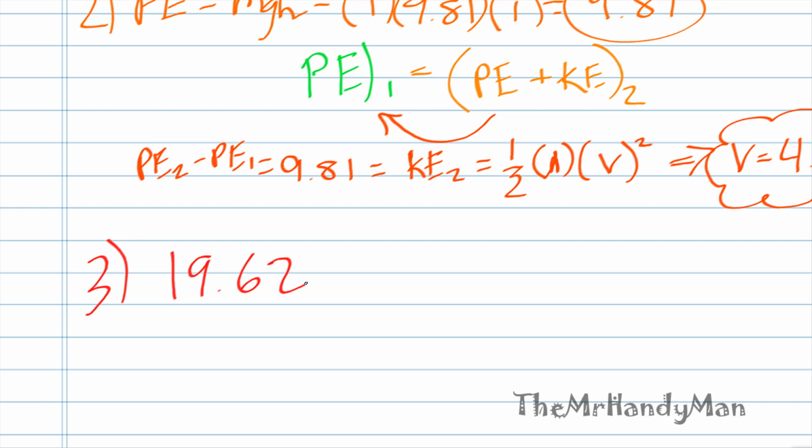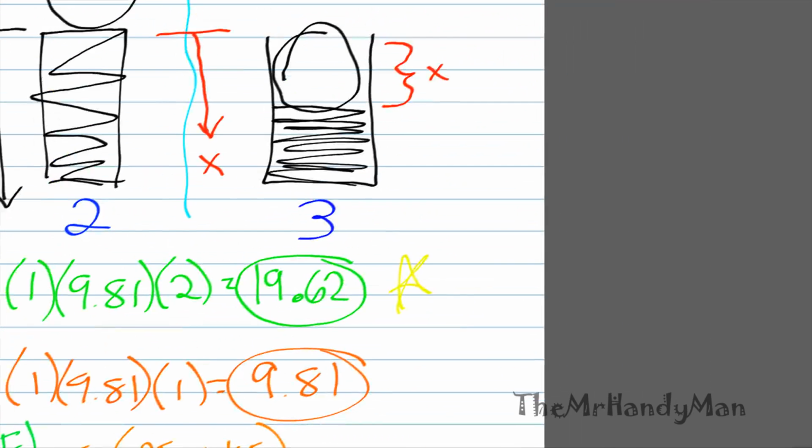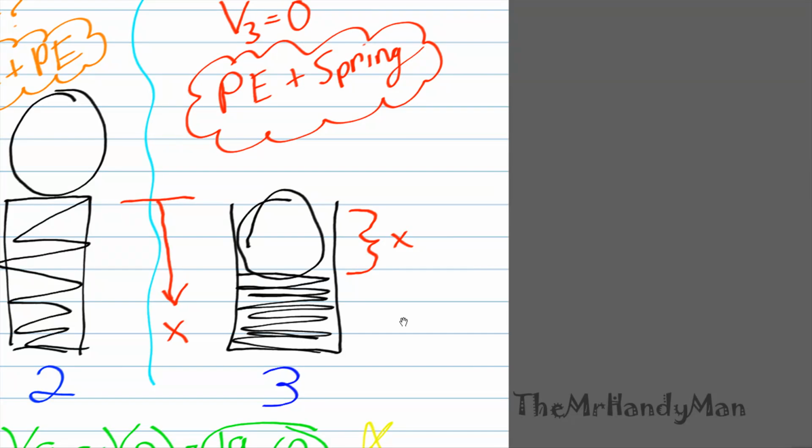Now, one thing to note here in situation 3 is that the height is no longer 1 meter. The height is going to equal 1 minus x. So that's what we need to remember for potential energy.